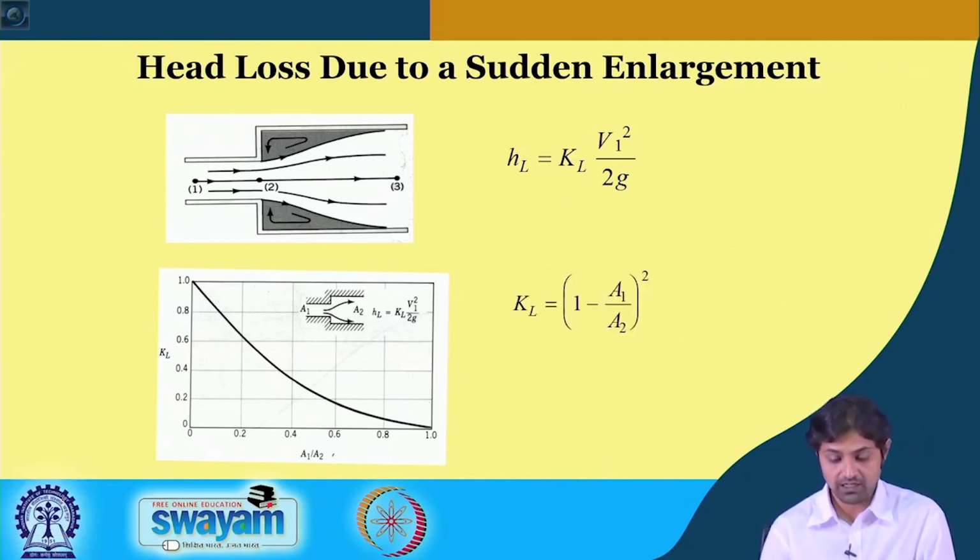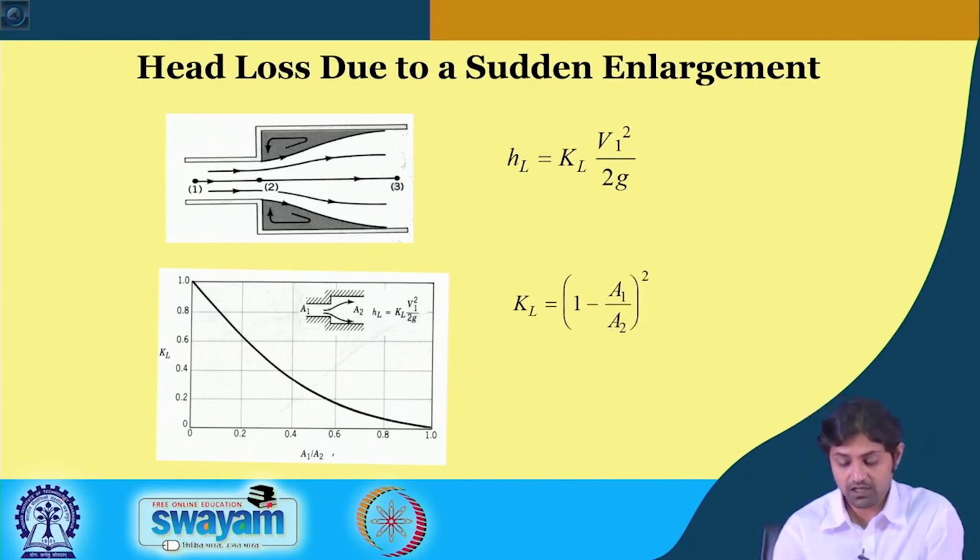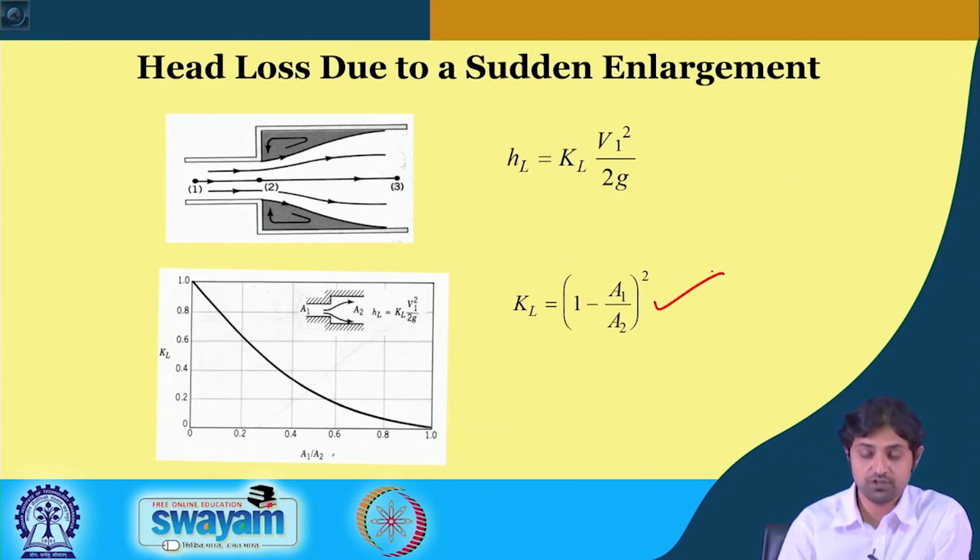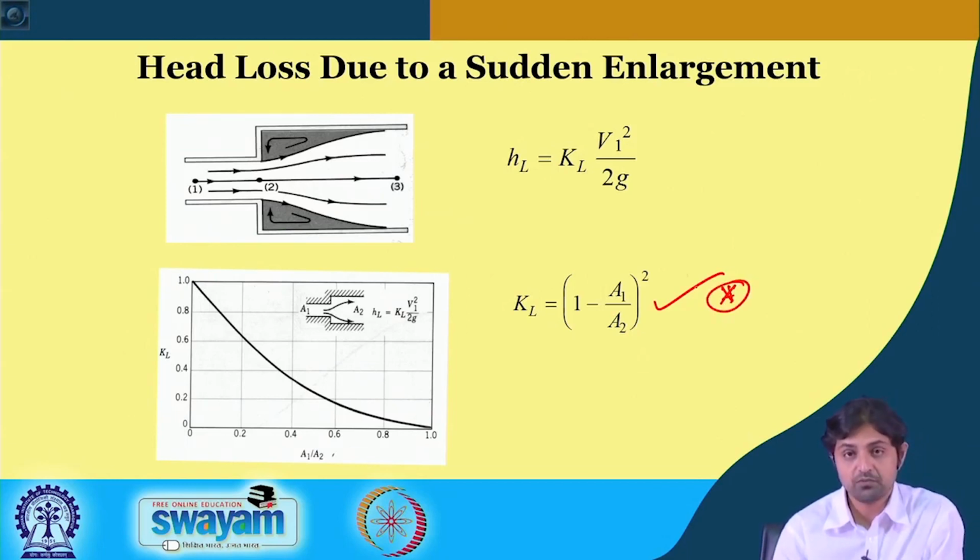KL will have a general formula as 1 minus A1 by A2 whole square. You can also use this equation for KL. If you put A1 by A2 equal to 0, that means KL will be 1, so the whole energy is going to be lost. I think it is better to remember that in case of sudden enlargement, KL is equal to 1 minus A1 by A2 whole square.